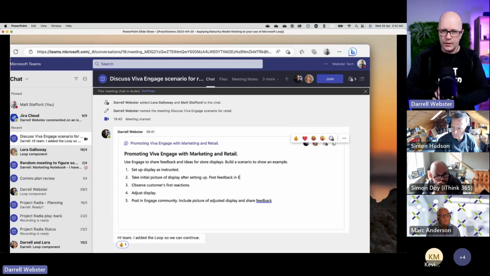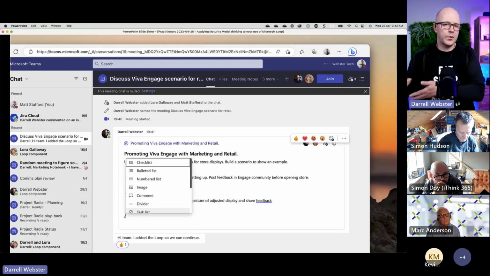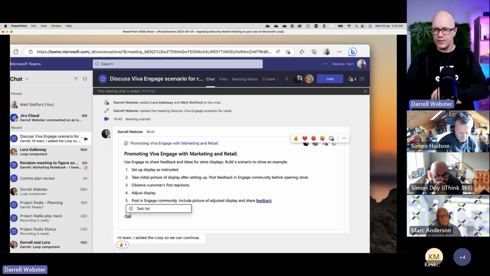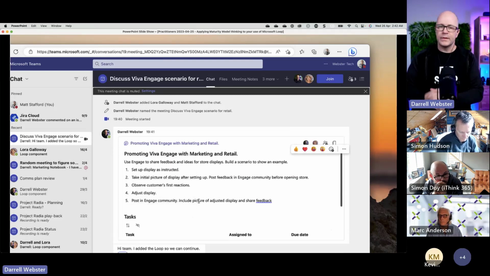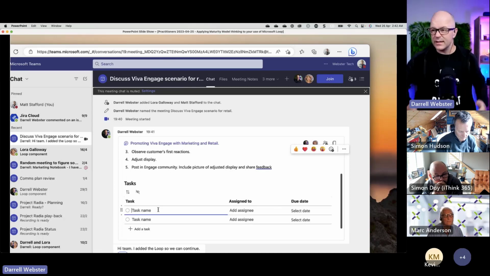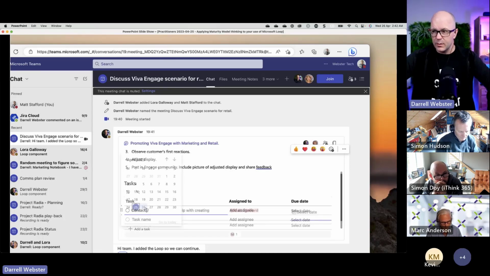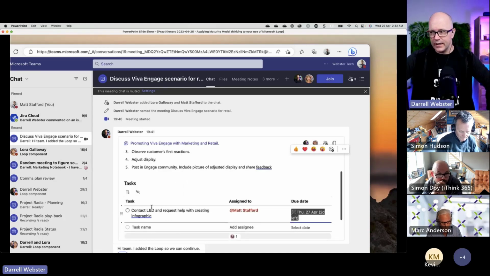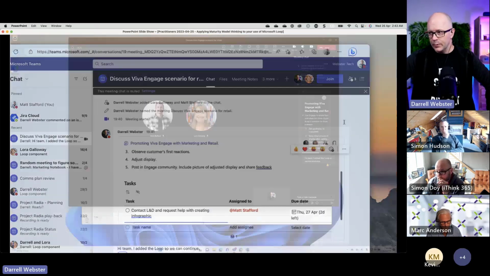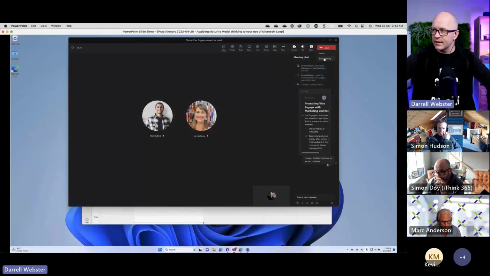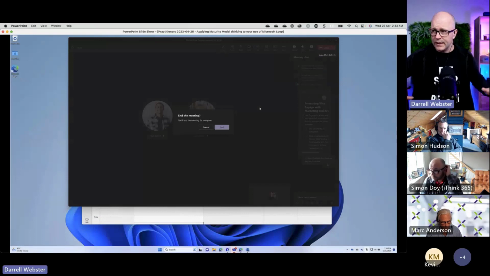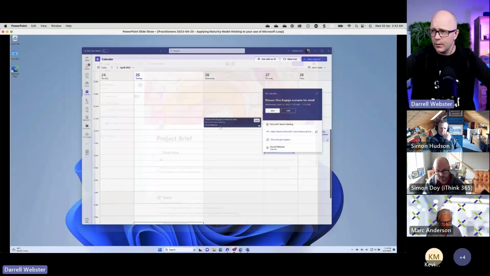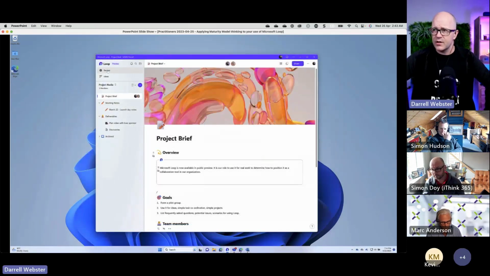So he's going in there and adding a few changes to the ideas of how to promote Engage as a way of working for our frontline people. He adds a task list. Great idea, because we actually want to get some help from one of our designers with creating an infographic. So we've added that, assigned that task. We'll end the meeting now and carry on and actually start to bring this thing to action.